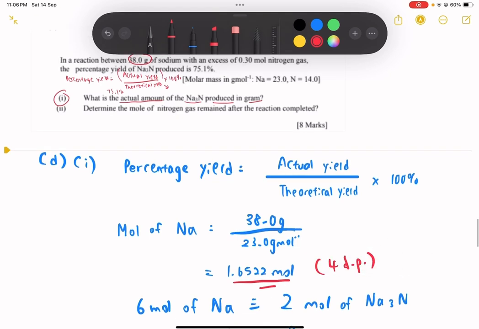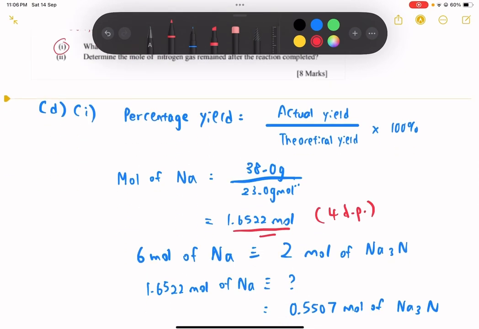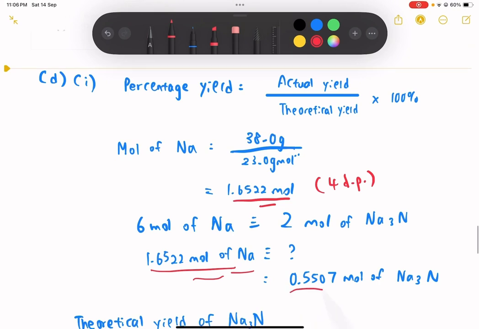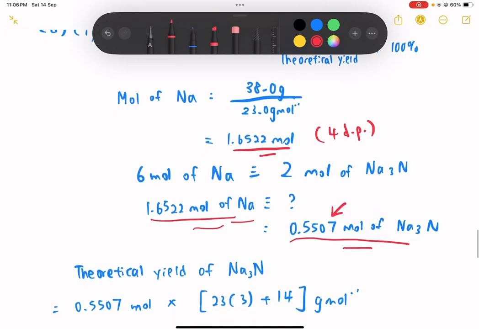And then from the equation, we know that 6 mole of Na is equivalent to 2 mole of Na3N. So 1.6522 mole of Na is equivalent to 0.5507 mole of Na3N. So this is gotten from 1.6522 divided by 6 times 2, and you will get this one.